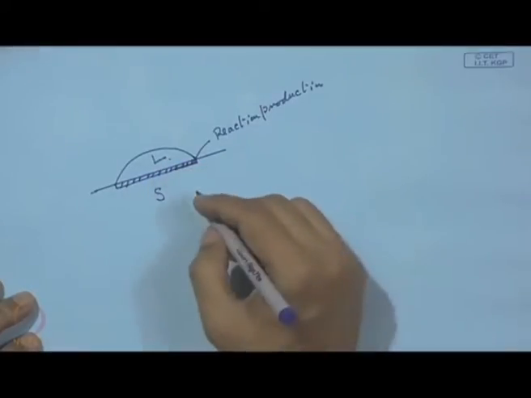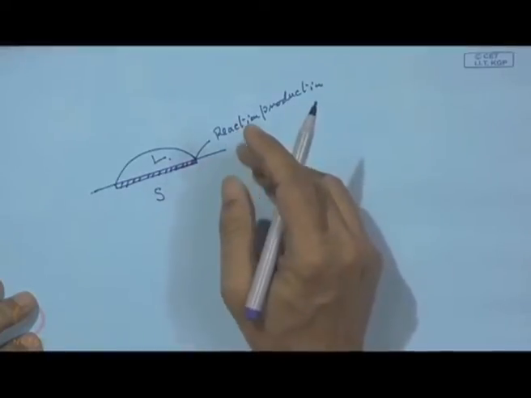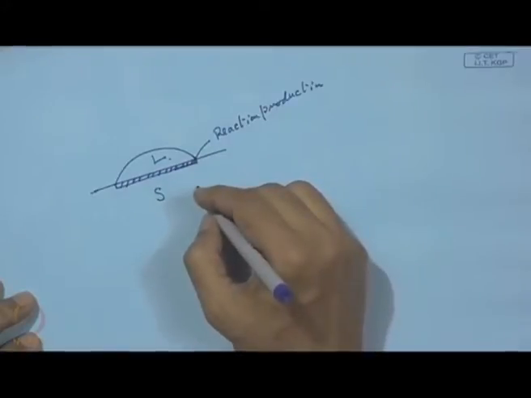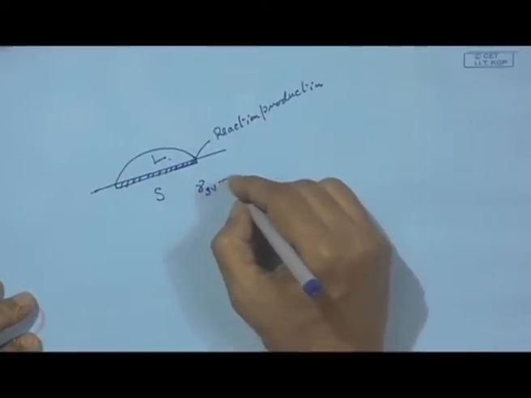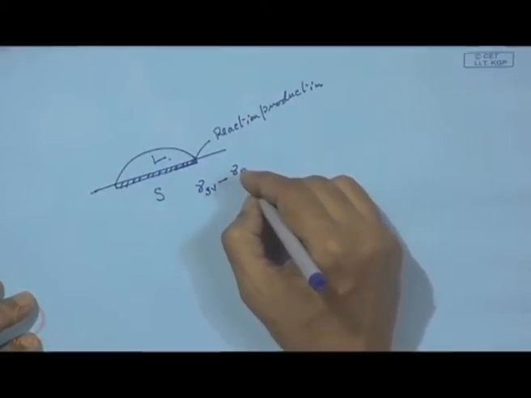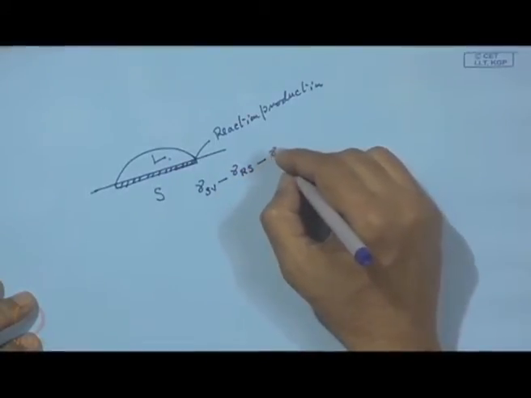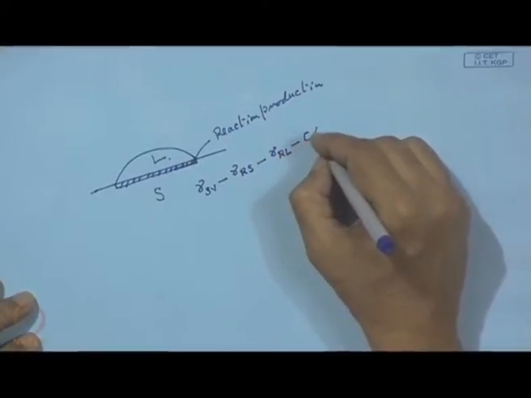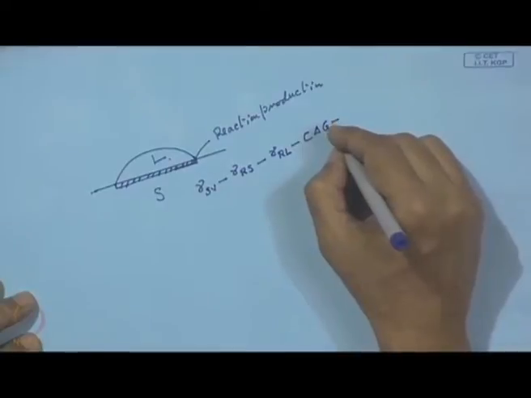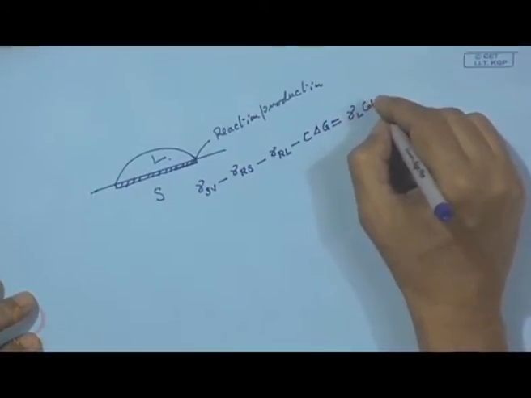and in this case we have to modify this Young's equation showing the balance of force just by writing gamma SV minus gamma RS minus gamma RL minus C into delta G, which is equal to now gamma L into cos theta.